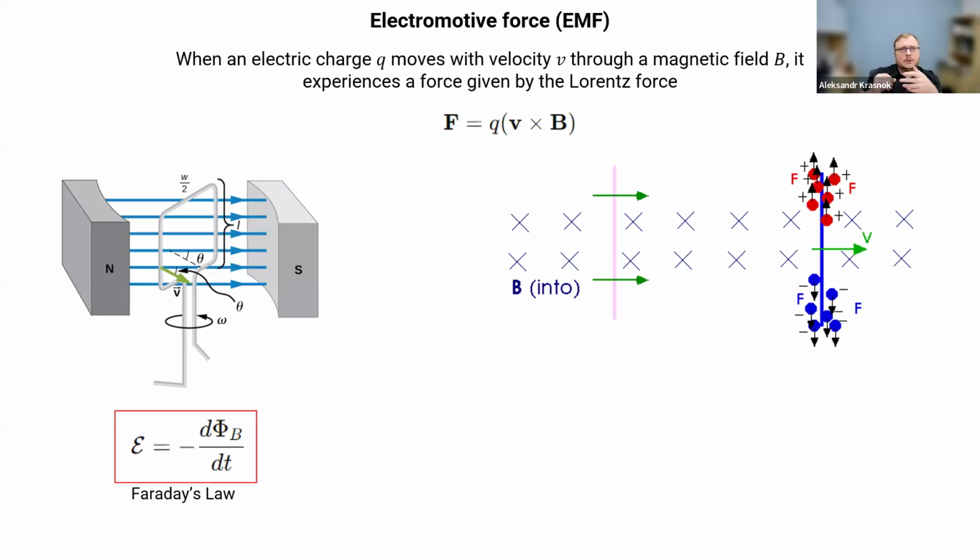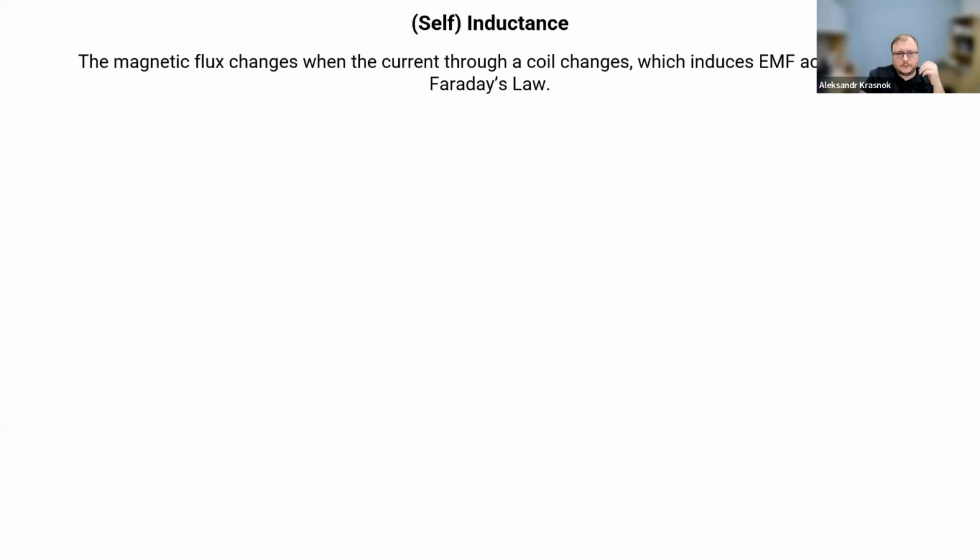Naively, I expect that this change of the current in the loop will change the magnetic field within this loop. And the change of this magnetic field within the loop will create the electromotive force in this loop itself, right? So indeed, this is how it works.